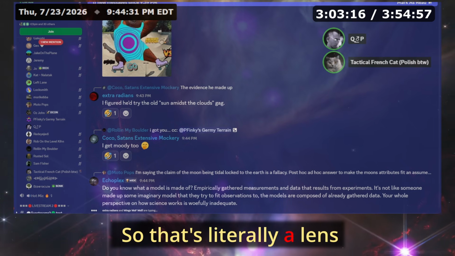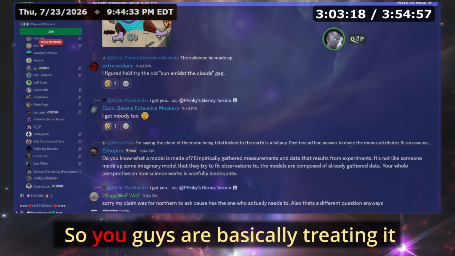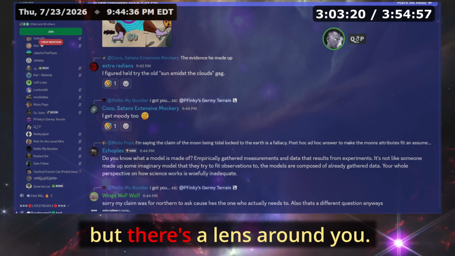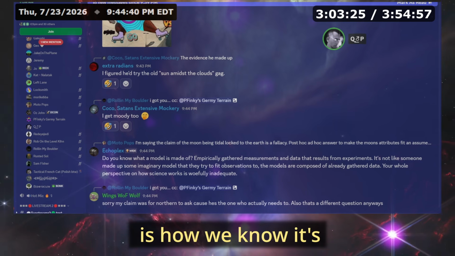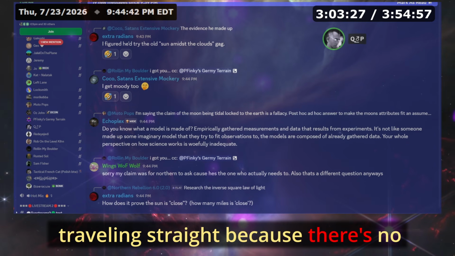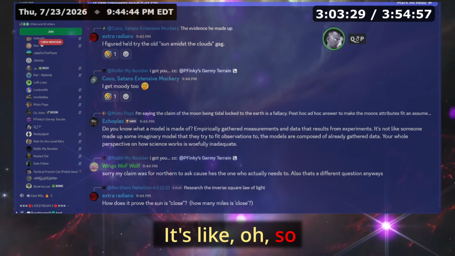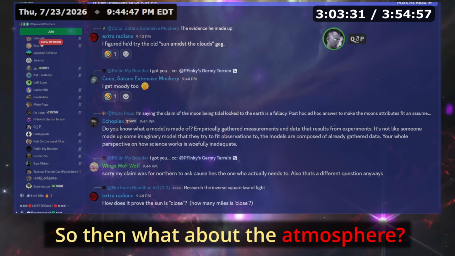So that's literally a lens around you of dense material. You guys are basically treating it like there's nothing there, but there's a lens around you. So it's funny you claim a rectilinear lens is how we know it's traveling straight because there's no lens imposing curvature. It's like, oh, so lenses impose curvature. So then what about the atmosphere?